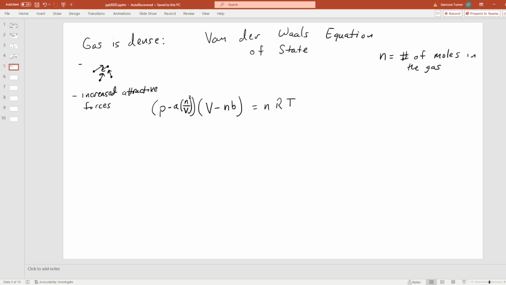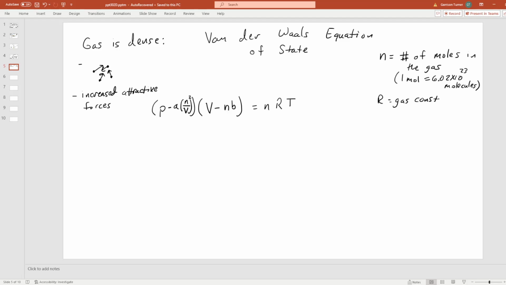And so remember that 1 mole contains 6.02 times 10 to the 23rd molecules or atoms or whatever your substance is made of. Okay? And R is what's known as the gas constant.